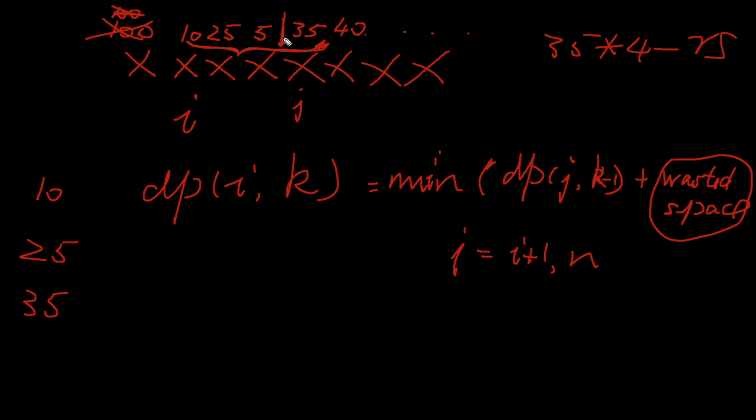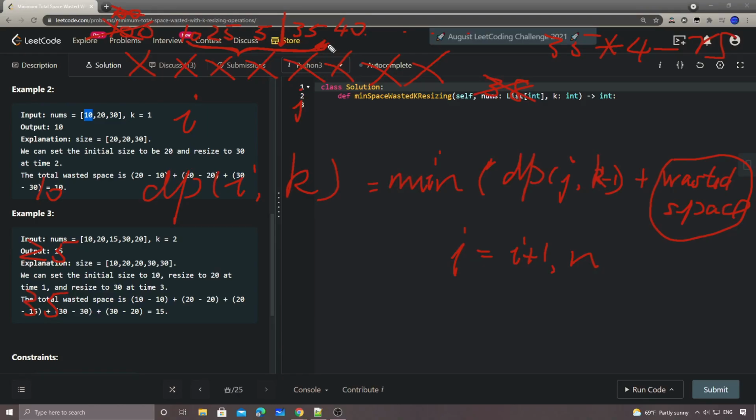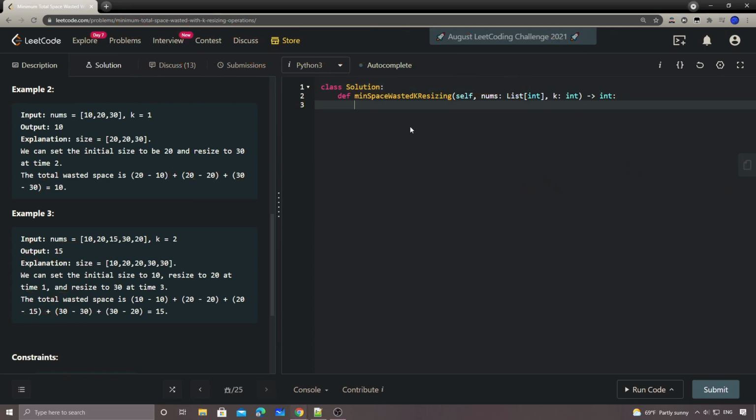Because that'll be enough. We resize to 35, but not 38, because 35 is the smallest that can cover the numbers from i to the current j. And I think that's it. That's the state transition function, and then we can start coding.